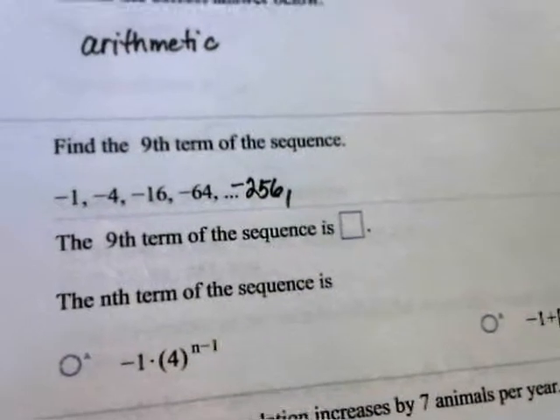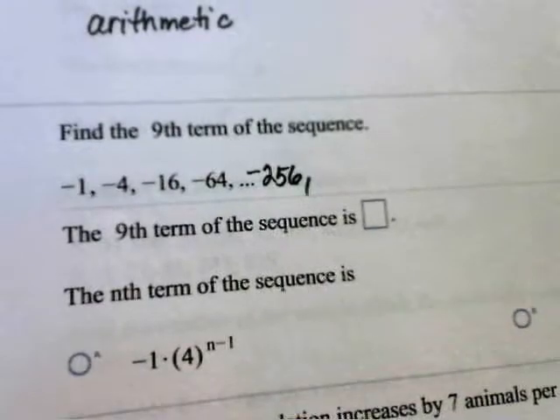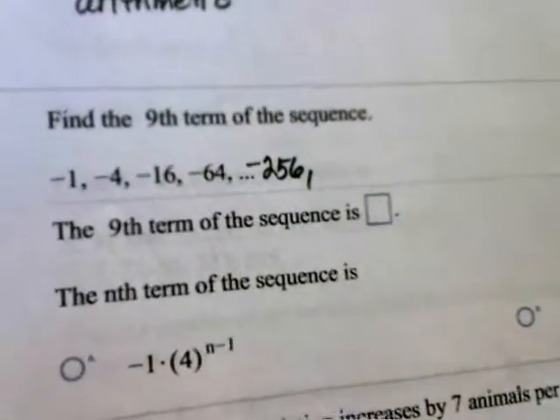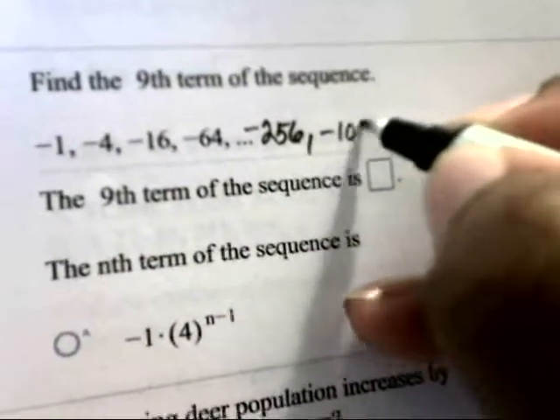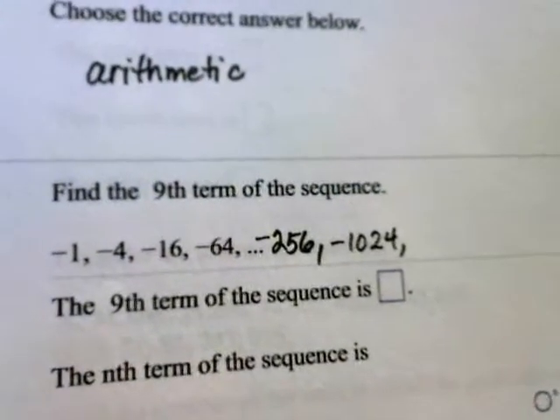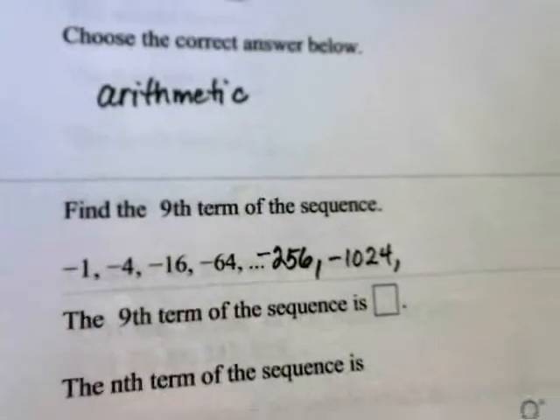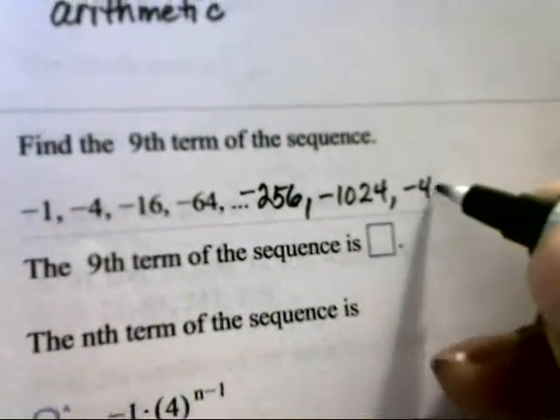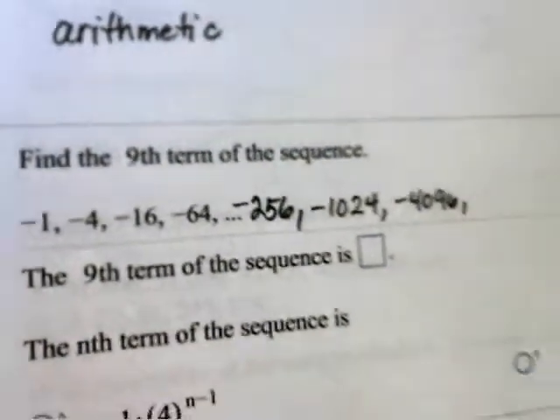Now, if we multiply -256 times 4, that'd be -1024. That's your 6th term. The 7th term would be -4096. Here I'm just multiplying by 4 each time.